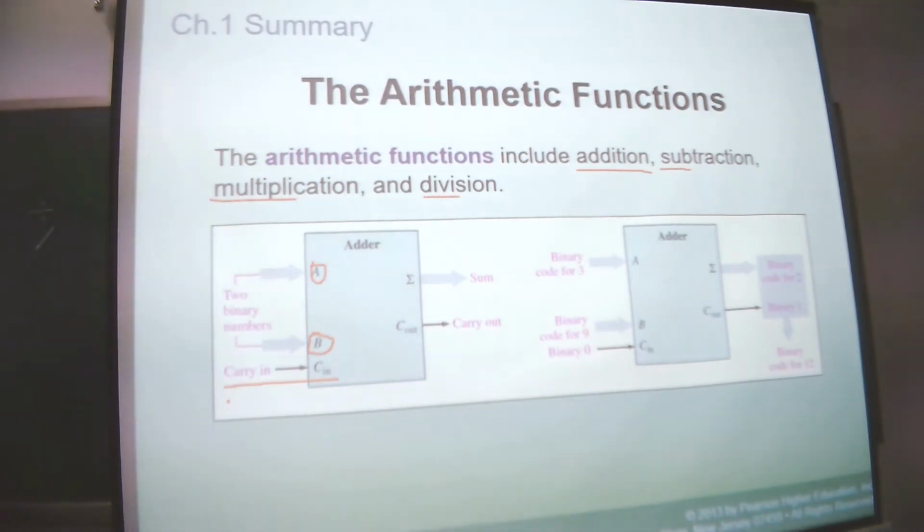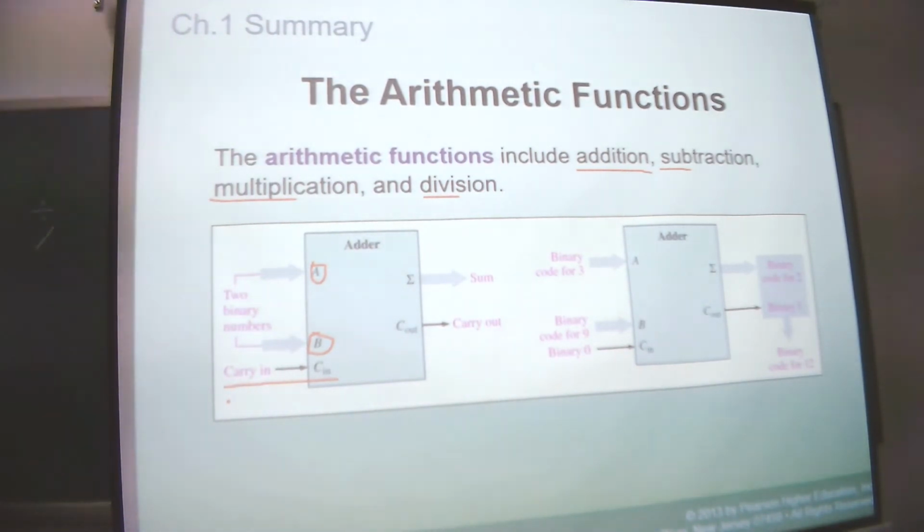If A plus B, such as 26 plus 37, then 6 plus 7 is 13. So the carry number is 1, and 3 is the sum. This number is called carry.